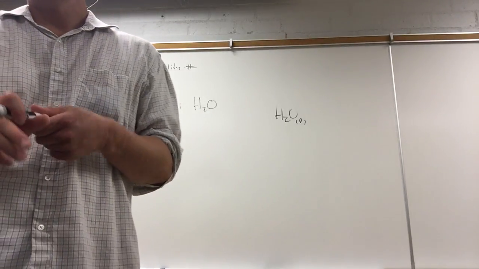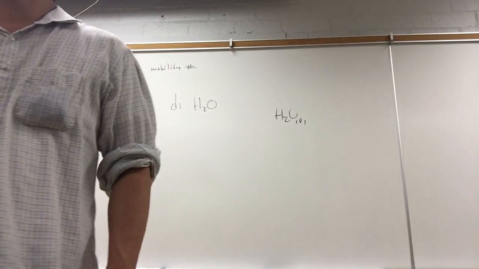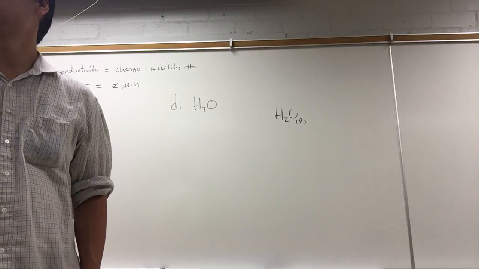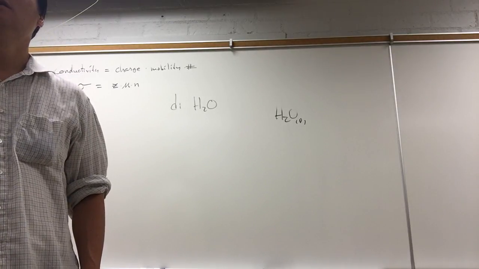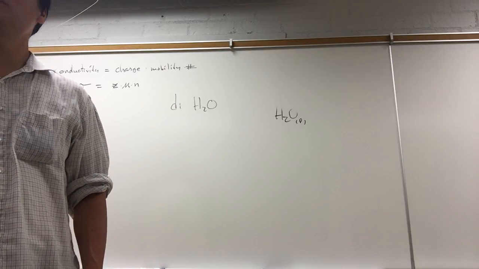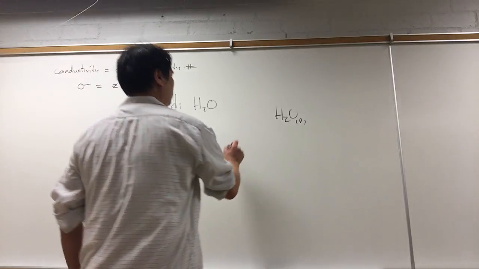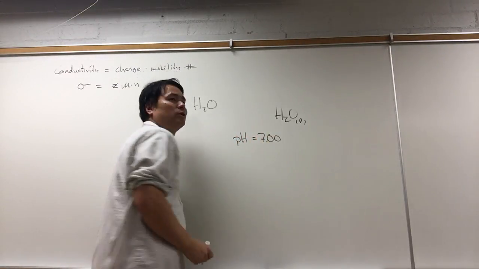We expect. Although, do you guys know about pH? Did you guys cover pH in Chem 4? Actually, has everybody covered pH? Then you guys know about auto-ionization of water. Pure water has a pH of 7, right? What does that mean, 7.00?